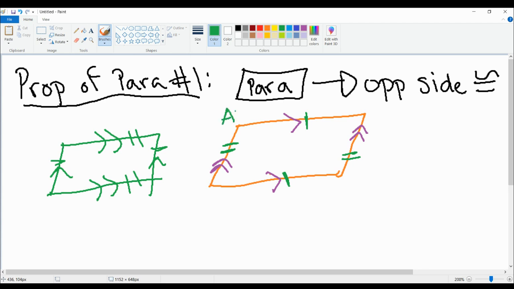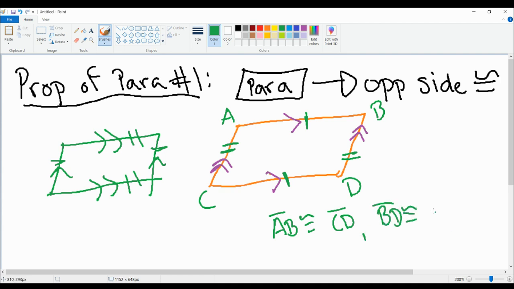So let's give these some names. A, B, C, D. So what this is basically saying is that AB would be congruent to CD, and BD would be congruent to AC. That's what this theorem says.